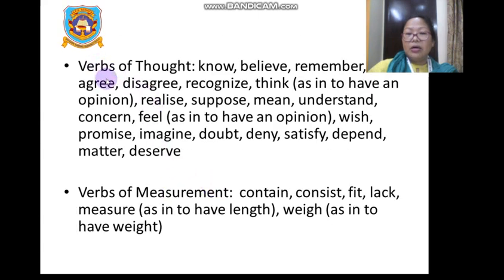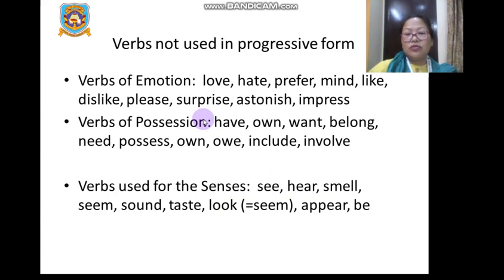Then verbs of thought: know, believe, remember, agree, disagree, realize, suppose. These are actions of thinking, right? Then verbs of measurement: contain, consist, fit, lack. So these are action words which we do not use in a progressive form. Alright?